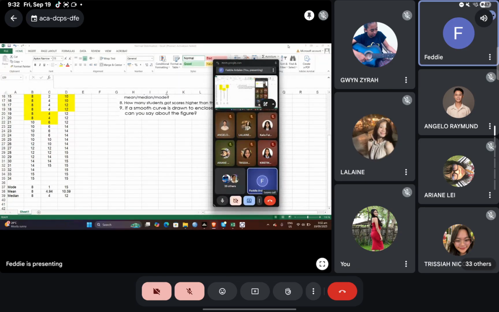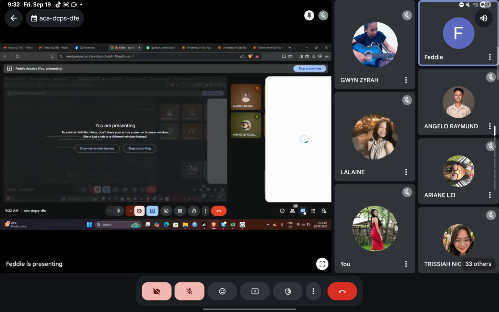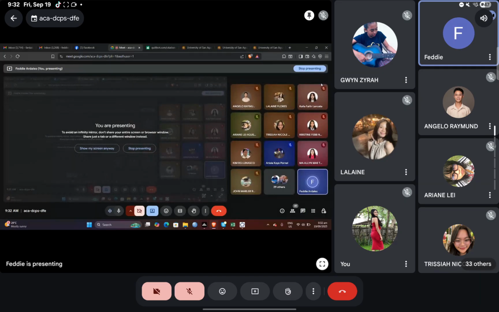Which of the data can you consider as normally distributed?